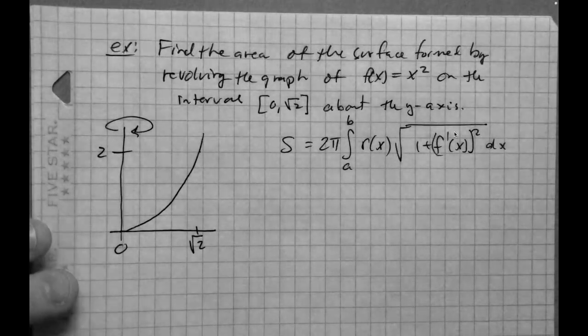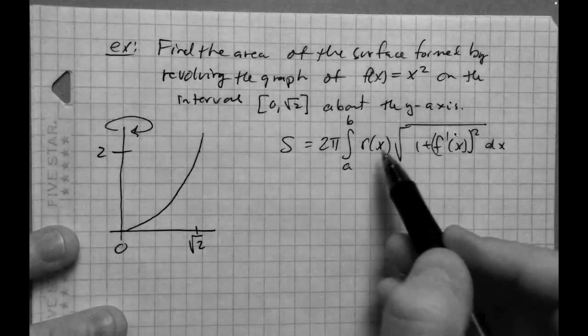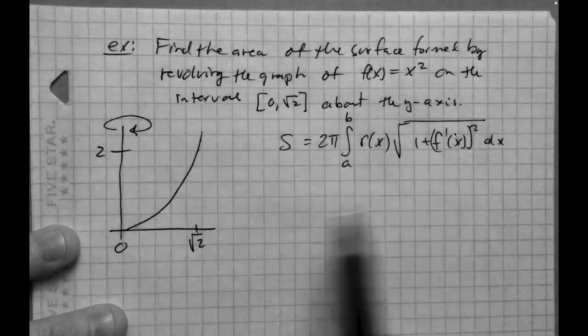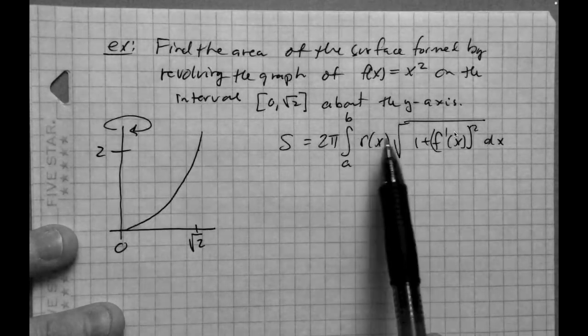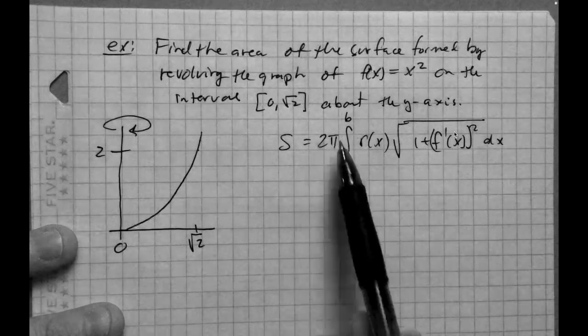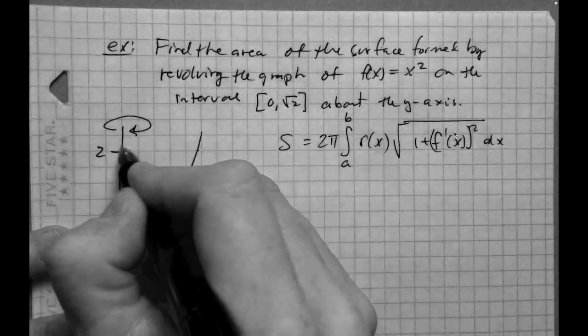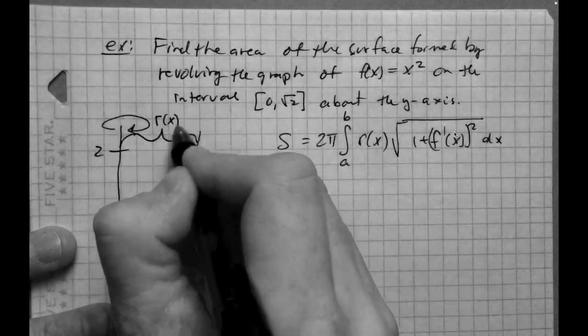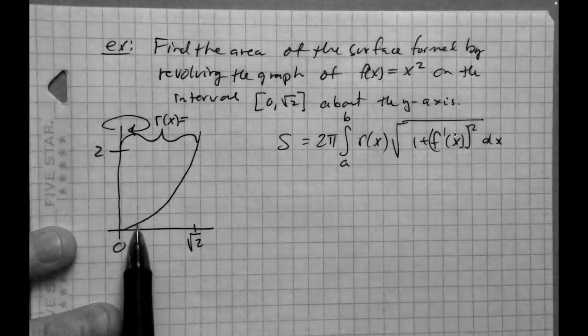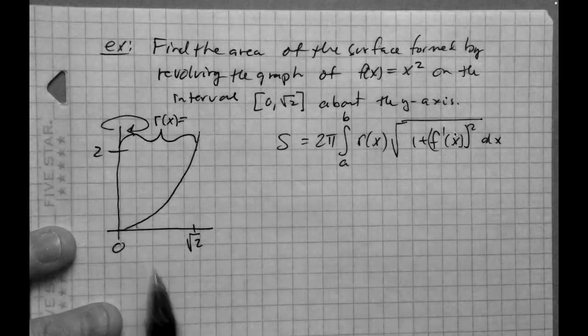And so what is our r of x? Right, what is this piece? Well, remember, r of x is the average radius between the surface itself and the axis of rotation. So it's going to be this. And what is that? Well, it's just some distance on the x-axis, isn't it?